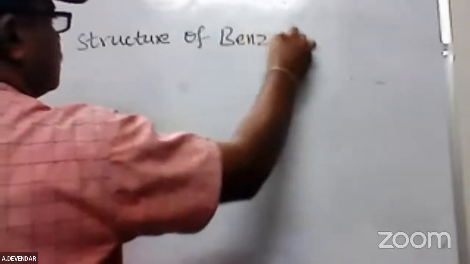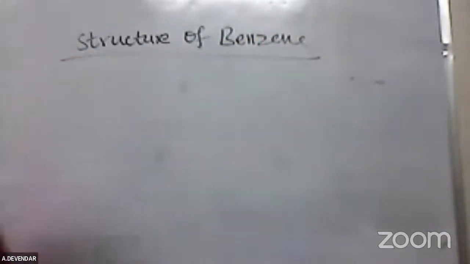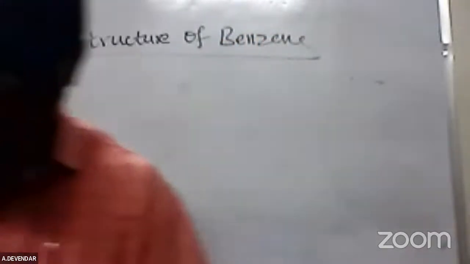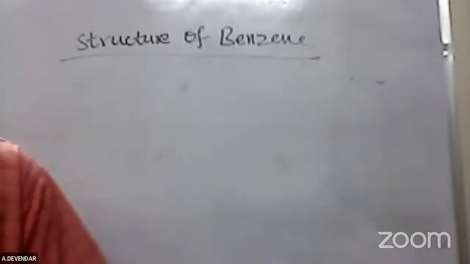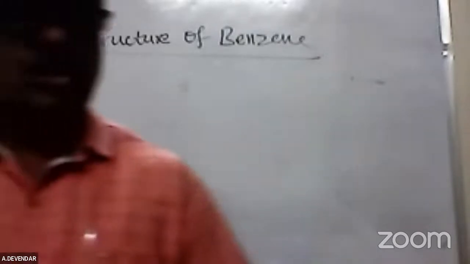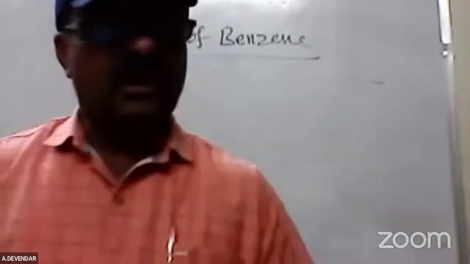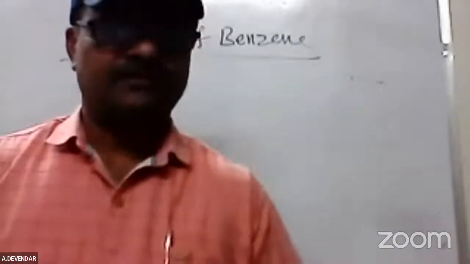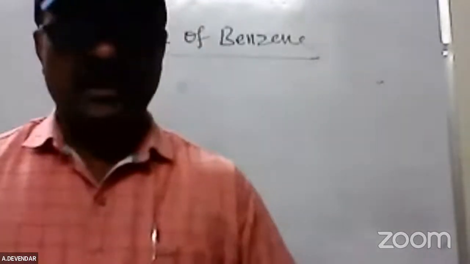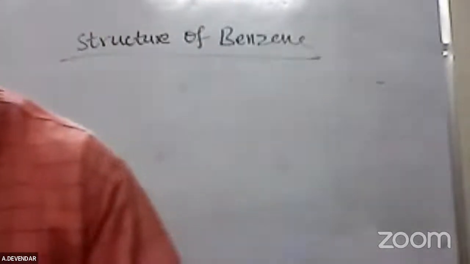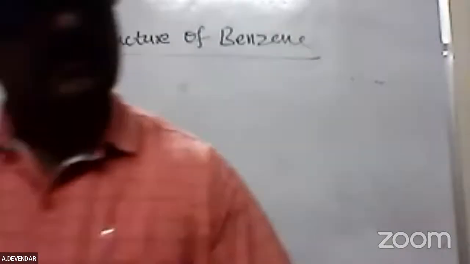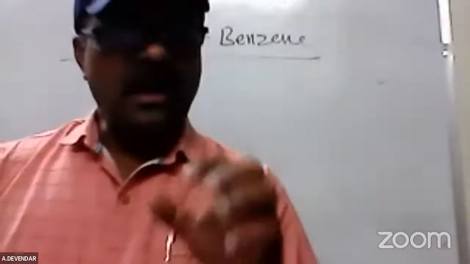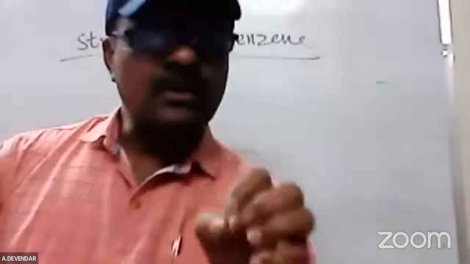Here so many scientists developed structures of benzene. The important point is that benzene undergoes addition reaction with 3 molecules of hydrogen, 3 molecules of chlorine, and 3 molecules of ozone, that is hydrogenation, halogenation and ozonation. All these take three molecules in addition reaction.